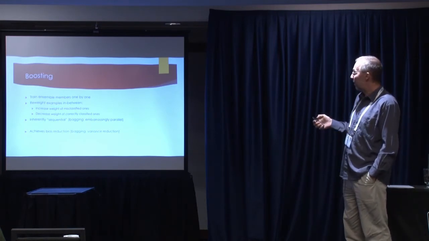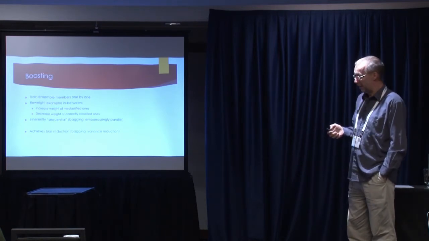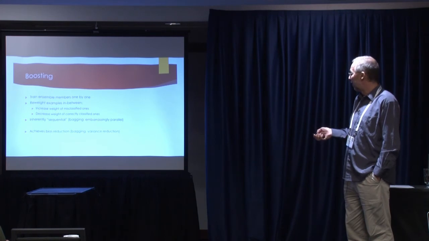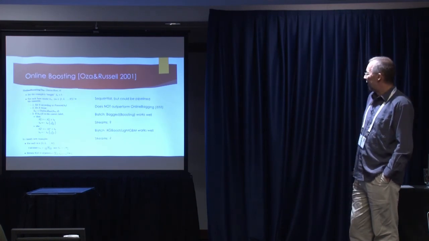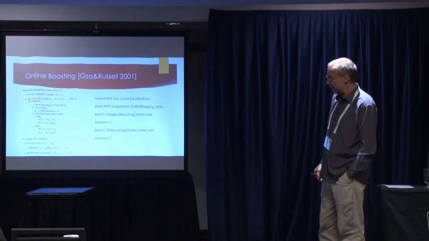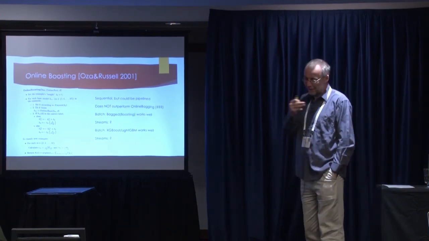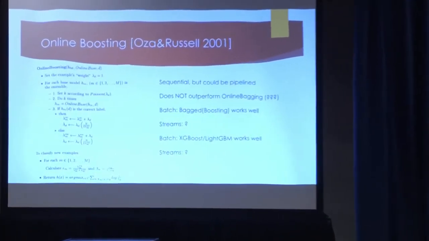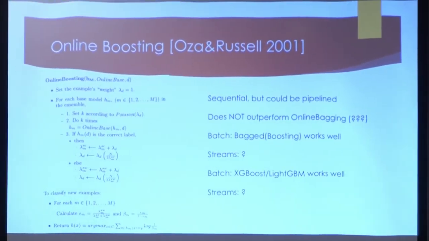So the idea is that you reweight examples to make up for the errors. The ones that are correctly predicted get a lower weight, the incorrectly predicted ones get a higher weight. Now, in an online setting, it's a little bit more tricky because, again, we can't compute all the predictions of our set and then compute an error rate and use that for reweighting. So we need to estimate all that.